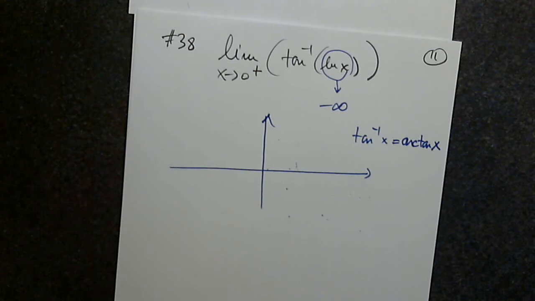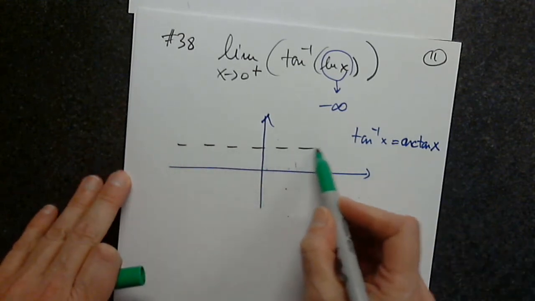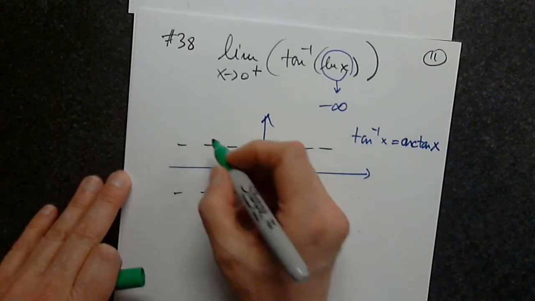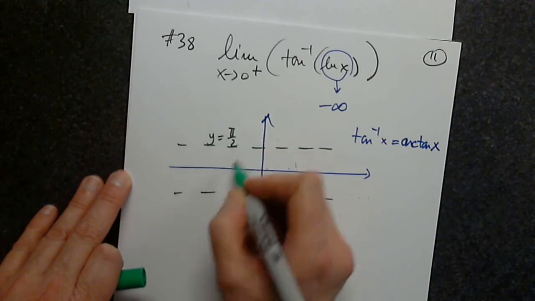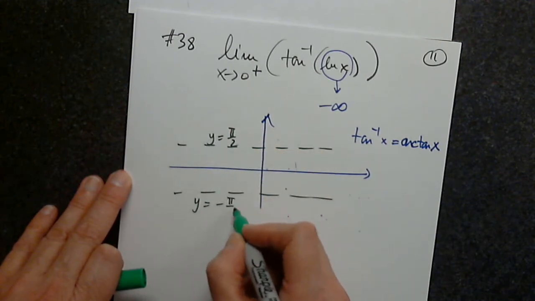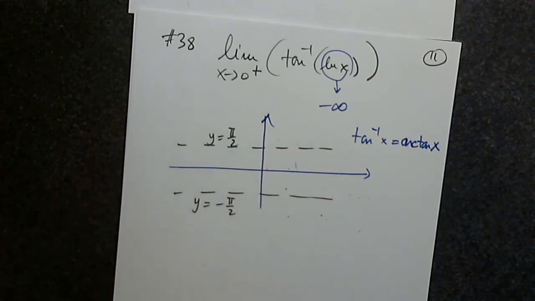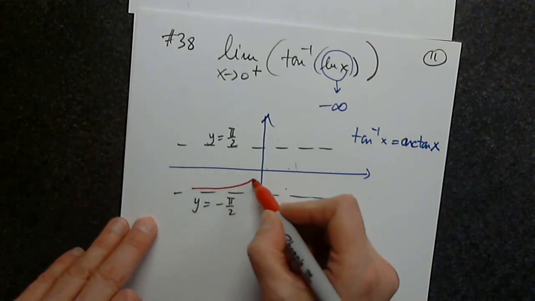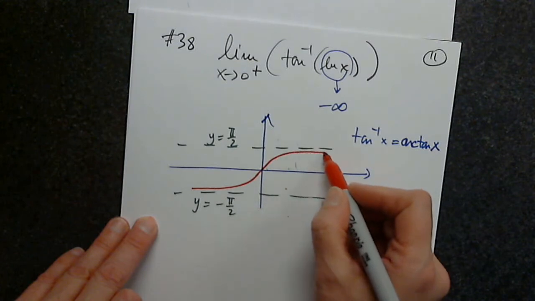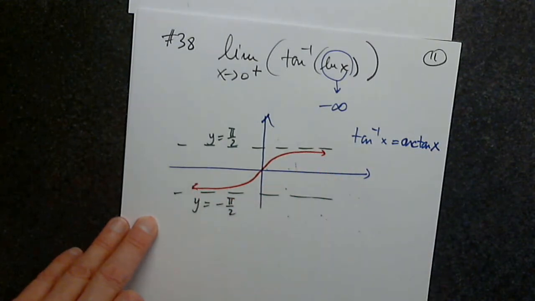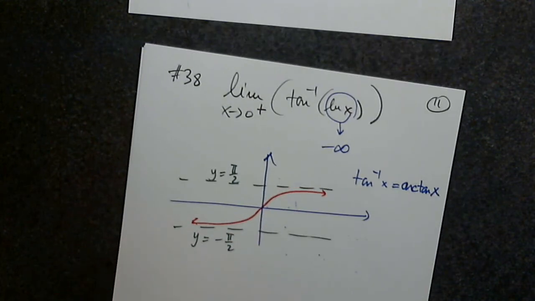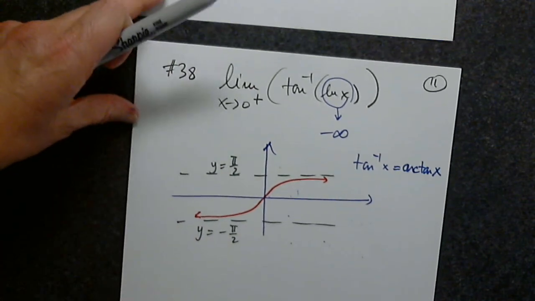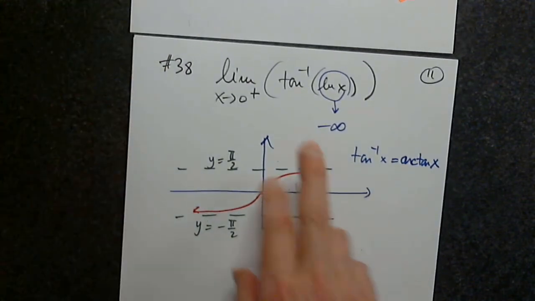And this function has two horizontal asymptotes, one which is pi over 2 and the other one which is negative pi over 2. And here is the graph of arctangent. So knowing the graph and remembering the graph, please do so.